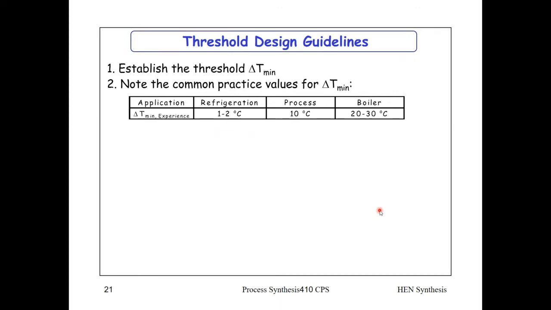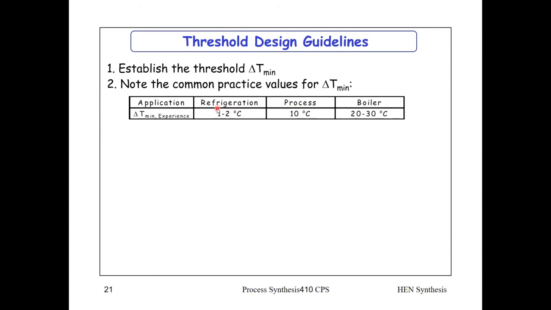So, design guidelines. As soon as you see you've got a threshold problem, establish what that threshold delta T min is. What is the value? In this last example, it was 14 degrees, but you need to recognize what that delta T min is. Common practices for delta T min are, for a process, 10 degrees C, so that's what we've typically been using.